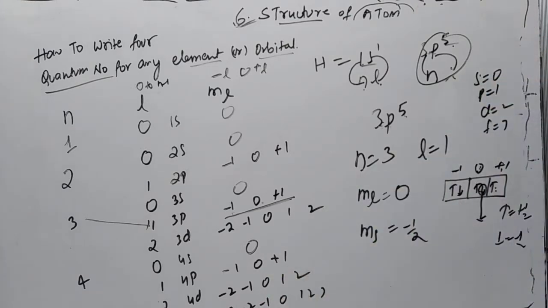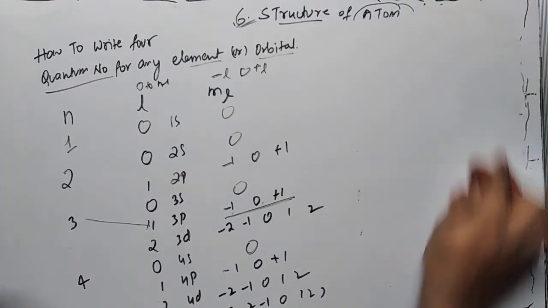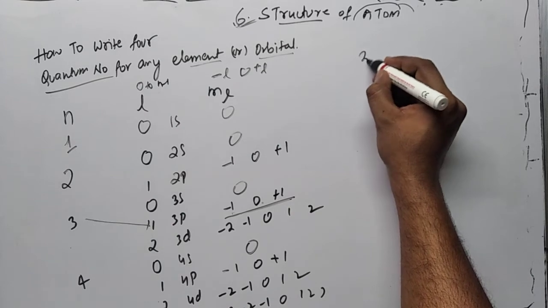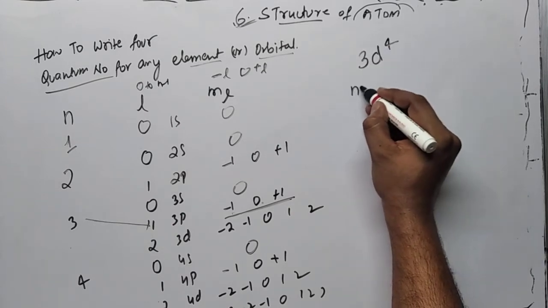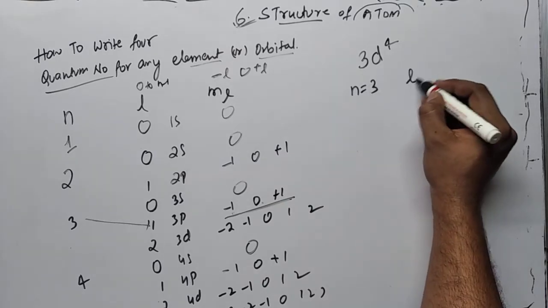So if you take some other example like 2p5 or some other, I will be explaining the same example, 4 quantum numbers for some other orbital. Okay, we'll take the 3d4. So n value is 3, and what about the L value?